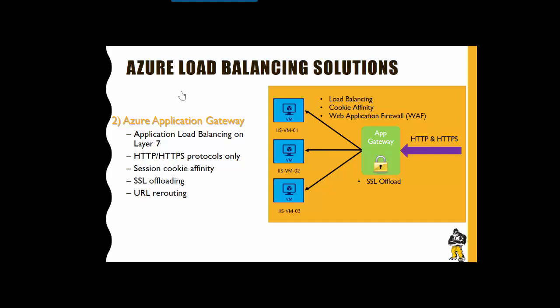Application Gateway only supports HTTP and HTTPS traffic, so you cannot really use it for all scenarios. Other aspects are cookie affinity, SSL offloading, and since the latest updates a couple of months ago, it also has web application firewall functionality built in.